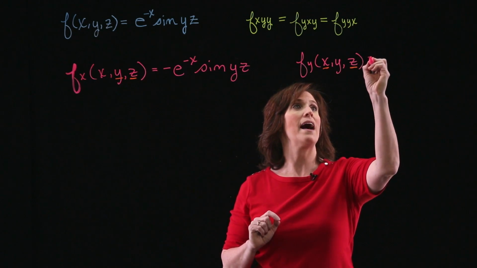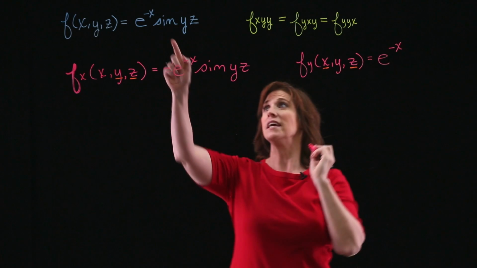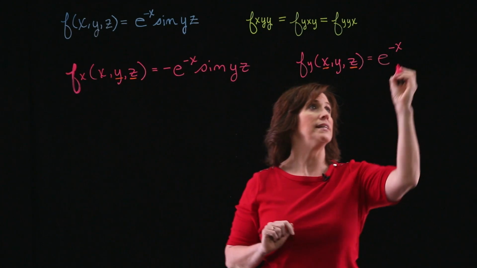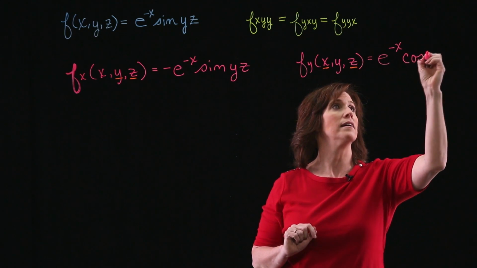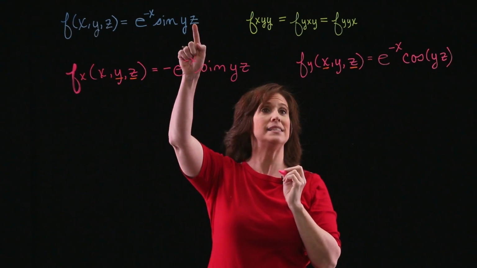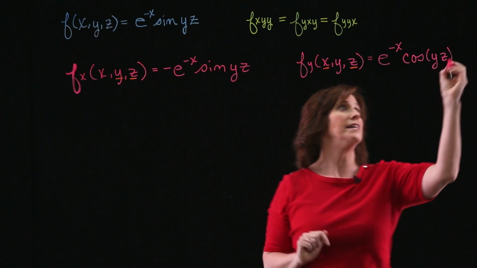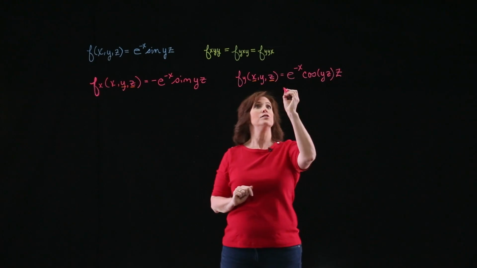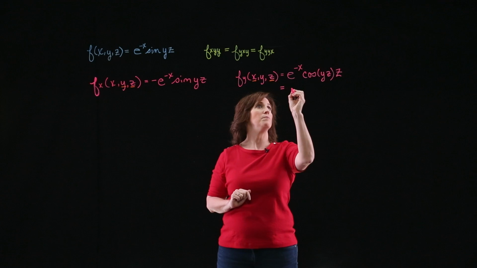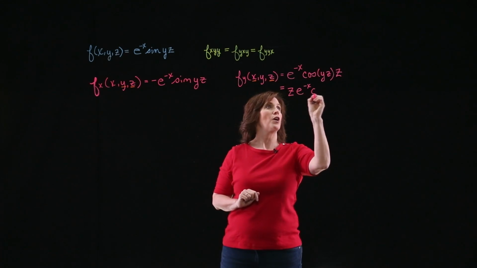So I can just pull that out as a constant multiple. And now I'll take the derivative of the sine of yz, which is the cosine of yz. But remember, I'm treating z as a constant. So what's the derivative of y times z with respect to y? It's just z.